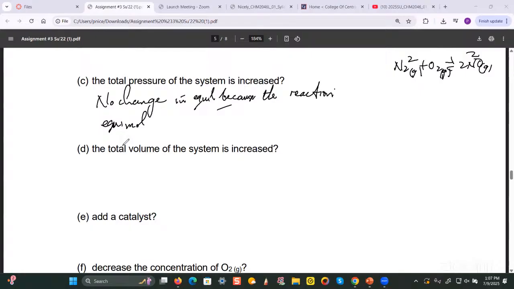If you increase the volume, think about it from Boyle's law. There's an inverse relationship between pressure and volume, right? So if you increase the volume, the total pressure is going to decrease. So what's going to happen if the total pressure is decreased?